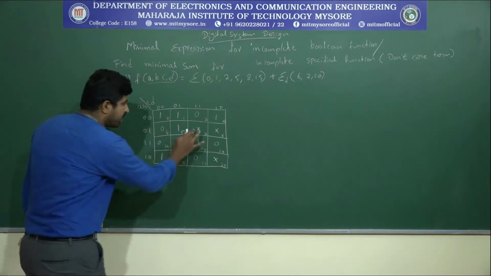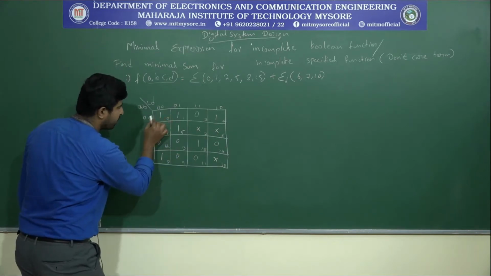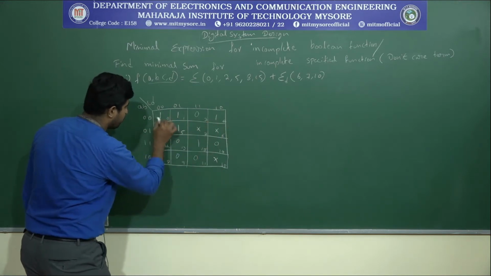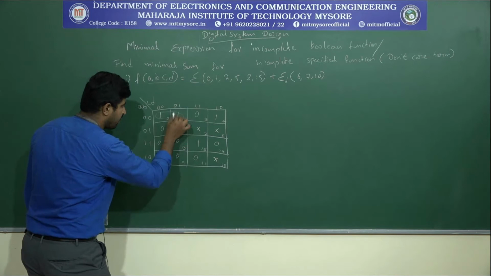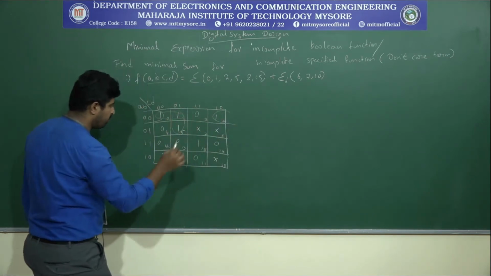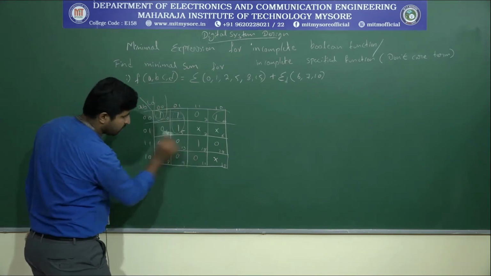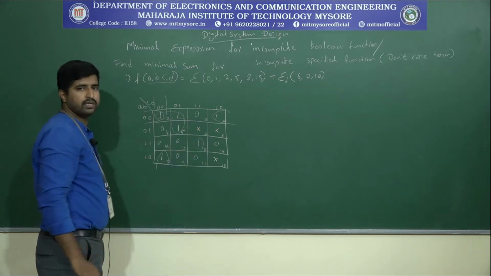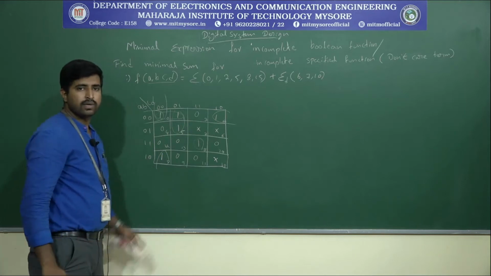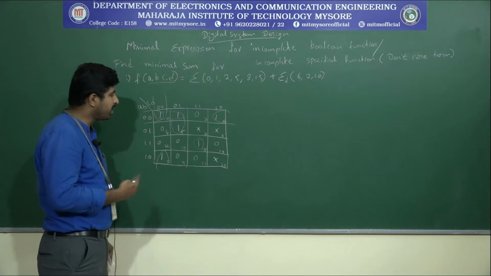If you don't have the don't care terms, the possible groups are these: this is one group, this is another group, these adjacent ones form another group, and there is a single 1 that would have to be its own group. This is the grouping if you don't have any don't care terms. Here we can include the don't care terms, so let us see how the grouping works.